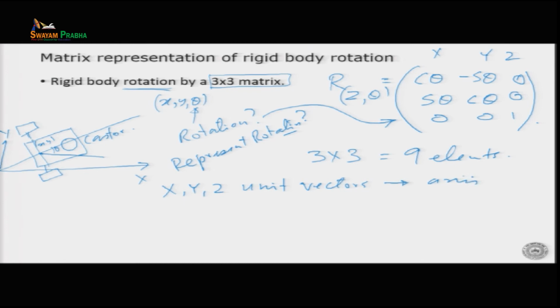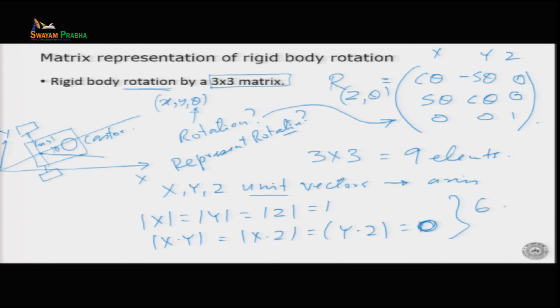Because they are unit vectors, mod of x is equal to mod of y is equal to mod of z, which is equal to 1, and x dot y is equal to x dot z is equal to y dot z is equal to 0. So, this basically means that there are 6 constraints. If there are 6 constraints and you have 9 elements, then 9 minus 6, we have 3 parameters which are free. These 3 free parameters are required to define the rotation of a body in 3 dimensional space.